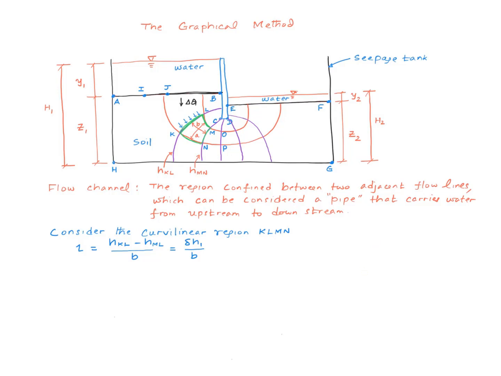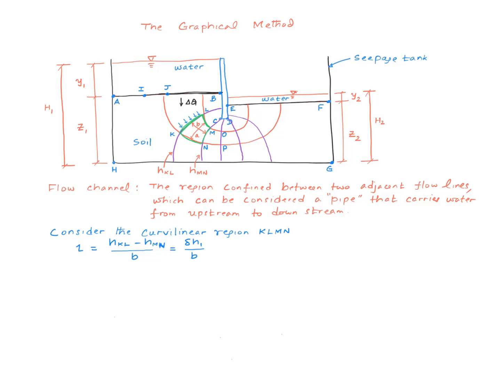Say the total head on this equipotential line is H_KL, and on this equipotential line is H_MN. Then the hydraulic gradient in this region can be, in an average sense, written like this: i equals (H_KL minus H_MN) divided by b.